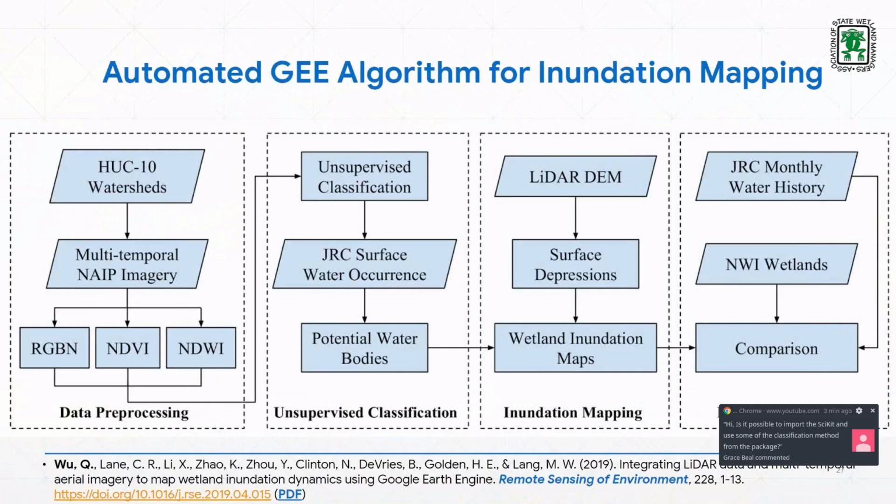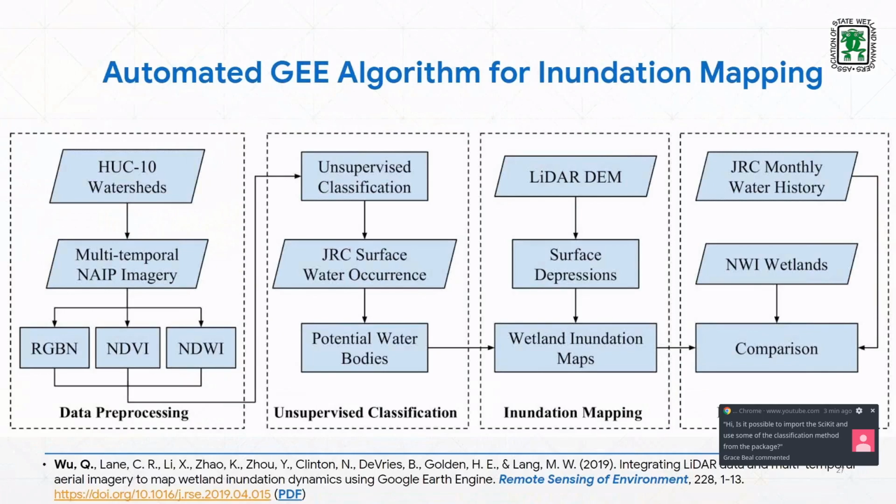We have developed an app that you can go online, click, and select one watershed, and it will automatically retrieve all the NAIP images available for that specific area and mosaic them into one image for multiple years. We also include other indices, for example NDVI and NDWI.